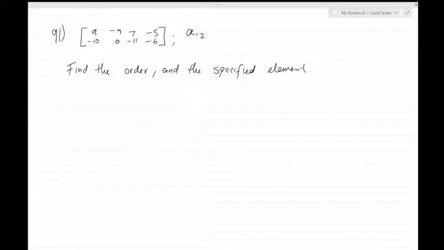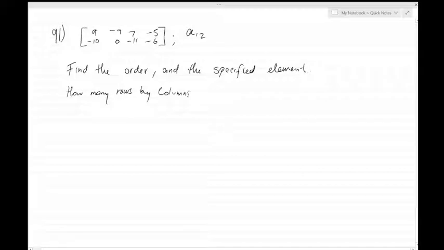And so the order is how many rows by columns does the matrix have? And we see that it has 2 rows by 4 columns. Therefore, the dimensions or the order of the matrix is a 2 by 4. I guess it doesn't have to be in parentheses, but the order or the dimensions is 2 by 4.